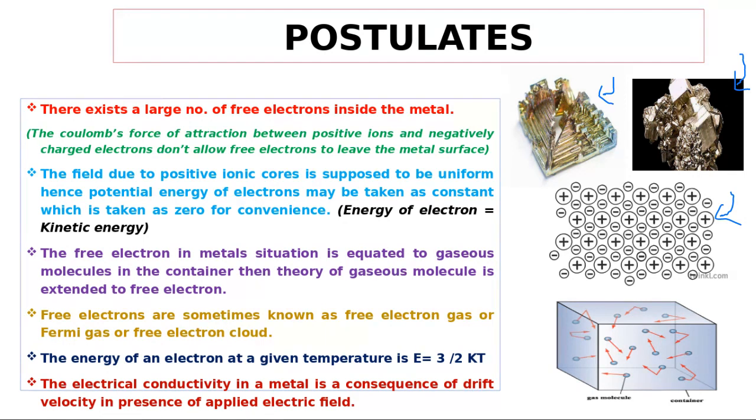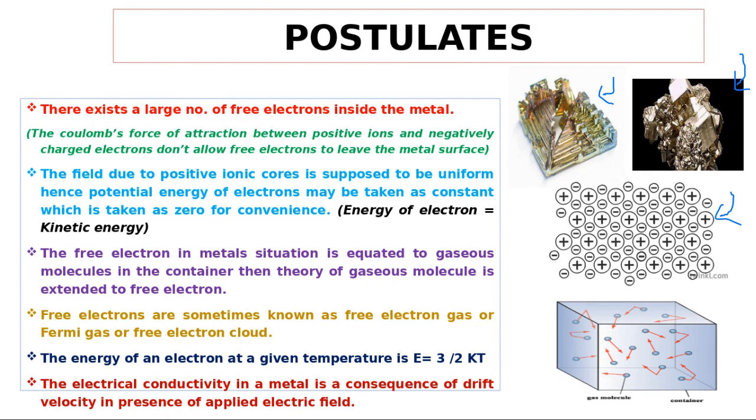Okay, you are saying they don't have enough kinetic energy, no diffusion in metals, very high electrostatic force of attraction. Yes, it is due to that electrostatic force, or Coulomb force, that binds those electrons inside the matter. These are free electrons, but they are bound to the positive ion cores due to the Coulomb force of attraction.